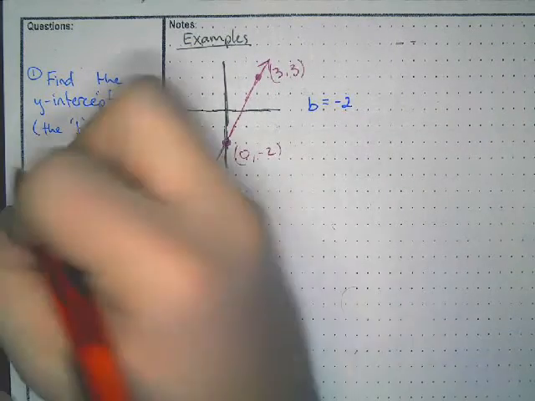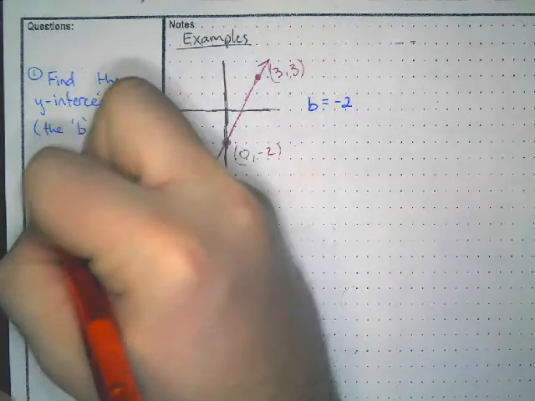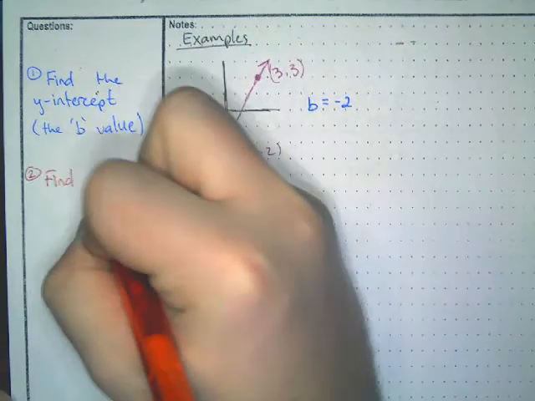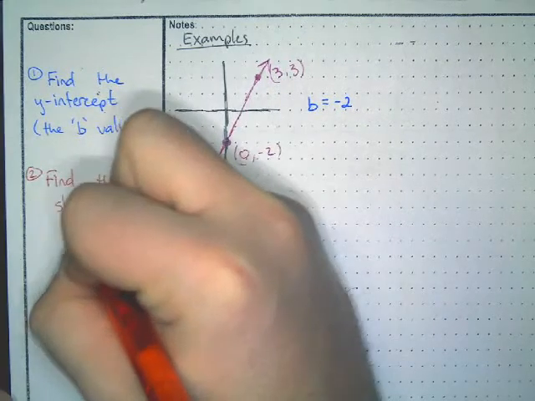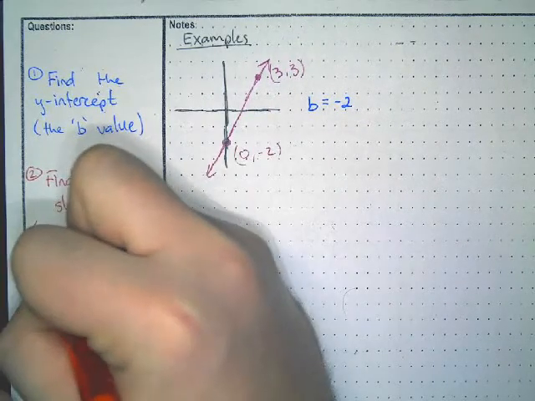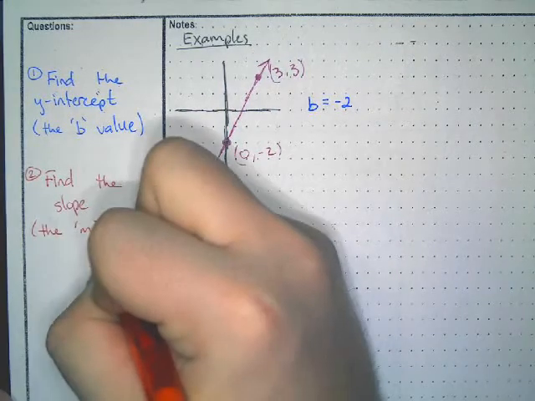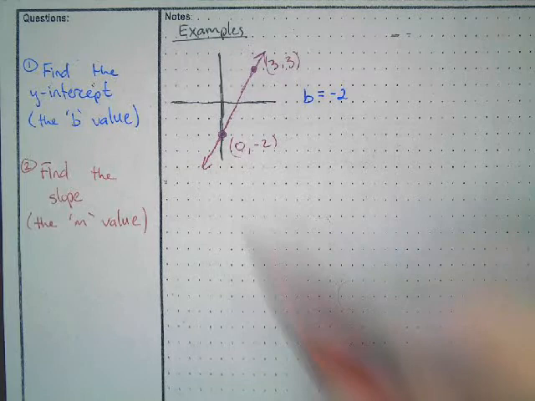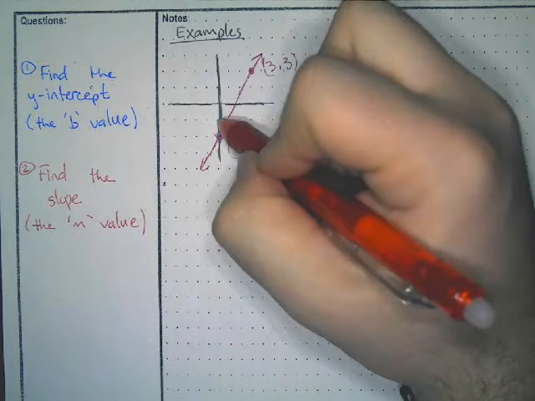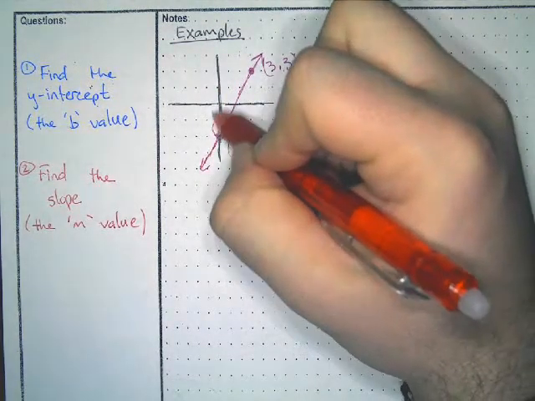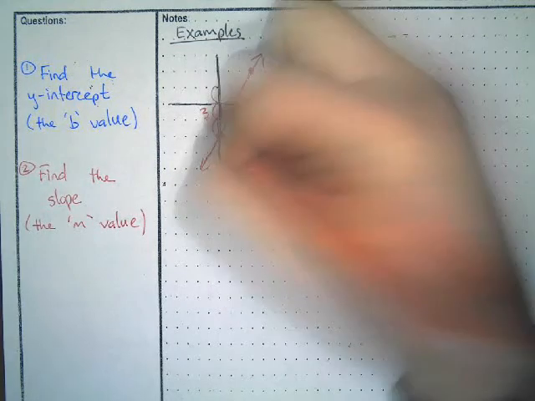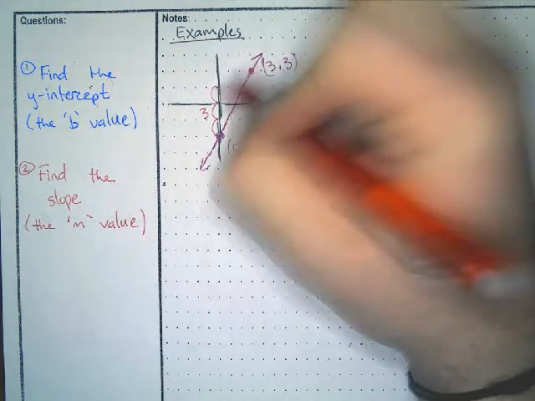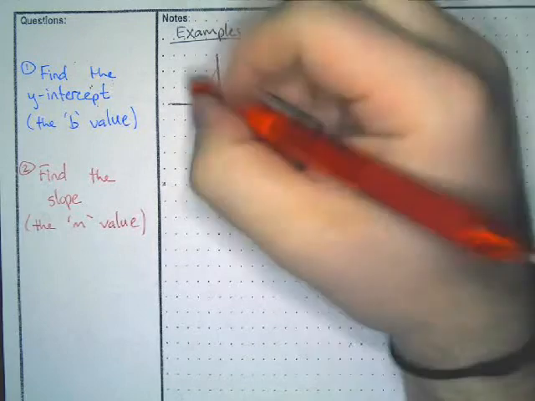Step 2. Find the slope, the m value. So we'll count our slope. So I'll go 1, 2, 3. So it goes up 3. 1, 2, 3. It's a positive 3. And then I go up 4.